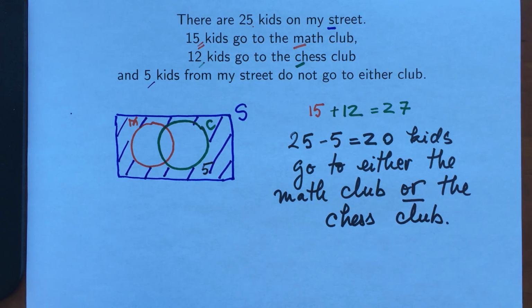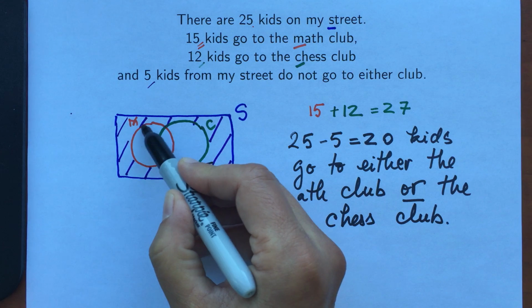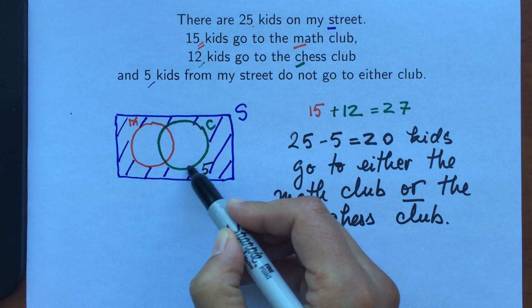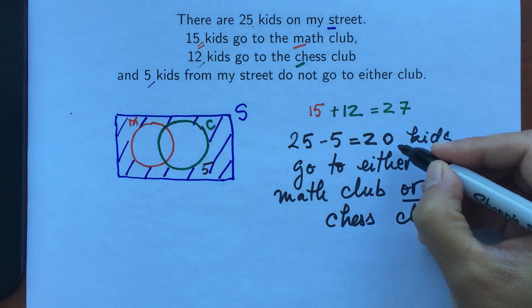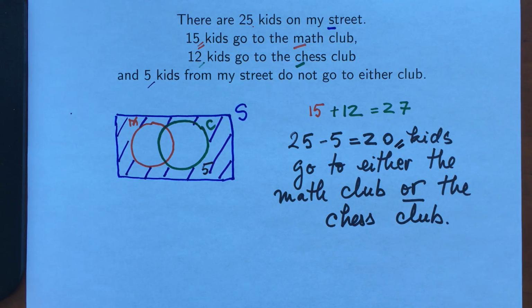So actually, if we go back to our diagram, where are we going to represent the kids that go to either the math club or to the chess club? It has to be inside this area here. Okay, so inside this area here, we have to represent 20 kids.